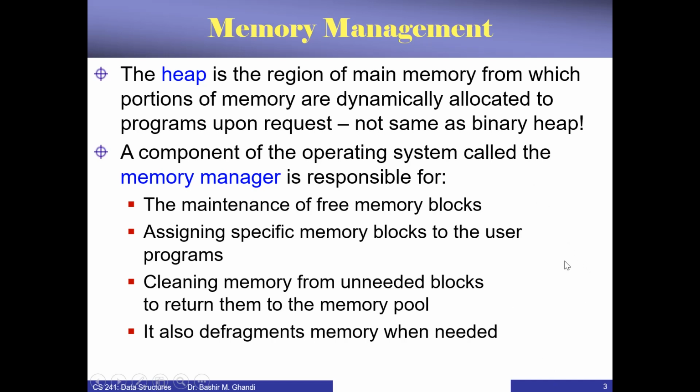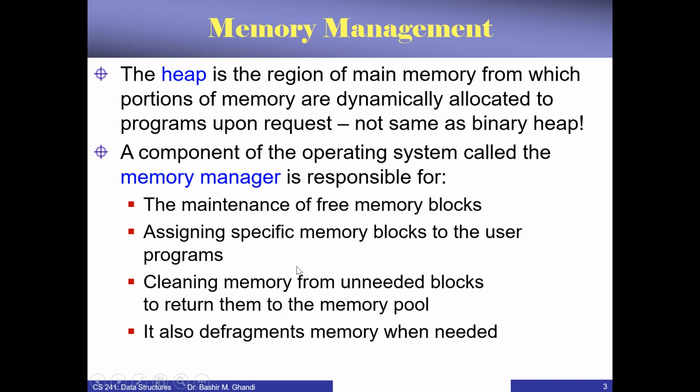If you add them up, they will form a tangible amount, but because they are not contiguous, they are not one block, they cannot actually be used. So they are considered to be fragmented. Now, one of the functions of the memory manager is to defragment the fragments, meaning to join them together into a bigger block so that they can be used to allocate to other programs. So these are the main functions of the memory manager.